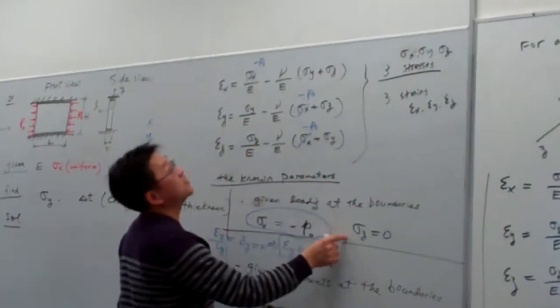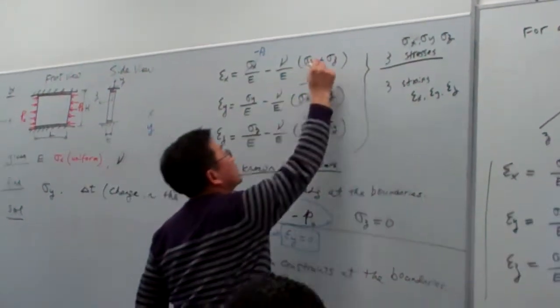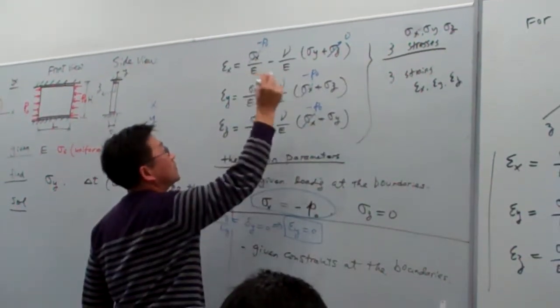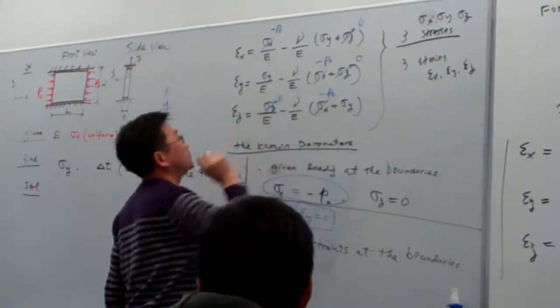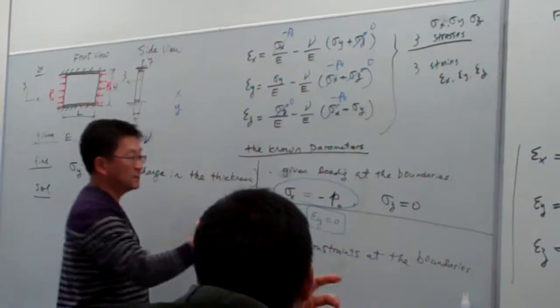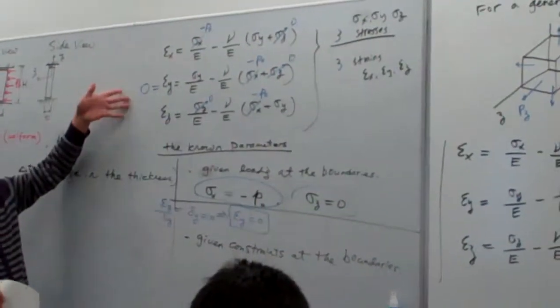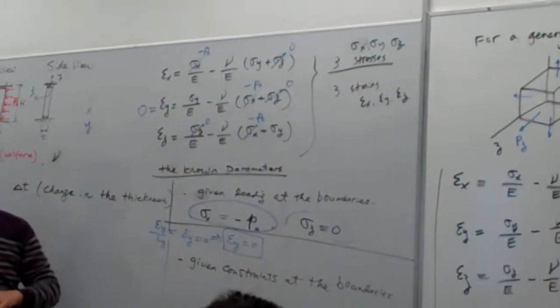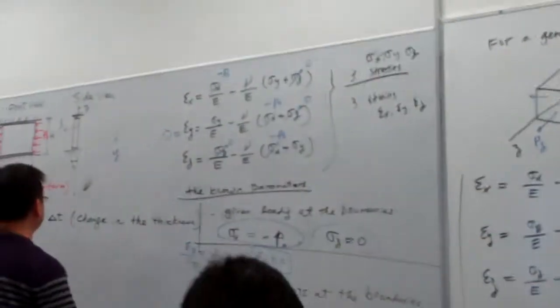Then sigma z equals 0, so this one equals 0, and this one equals 0, and this one equals 0. The final one is epsilon y equals 0, so this term equals 0. Right now we have three equations and only three unknowns, and we can try to solve them.